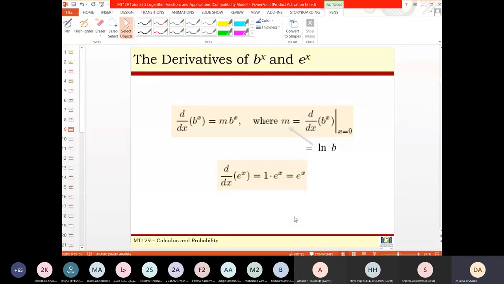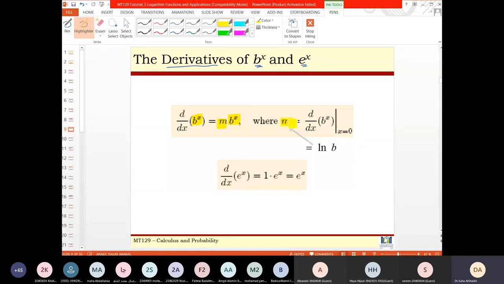To know more about this, we have to know the derivative of b^x in general and about e^x as a special case of b^x. لما I'm using the number e as a base of my function. What's the derivative of b^x? The derivative of b^x, d by dx of b^x, equal to b^x لكن multiply with m.